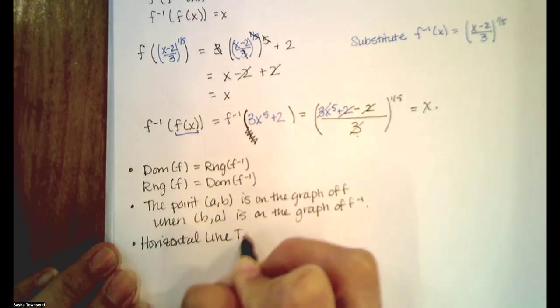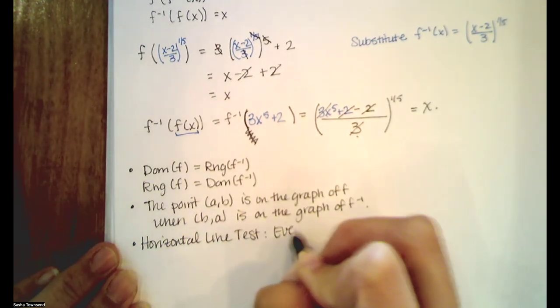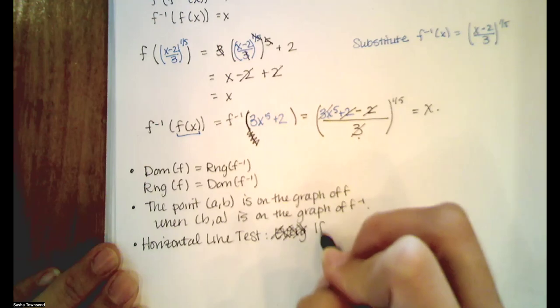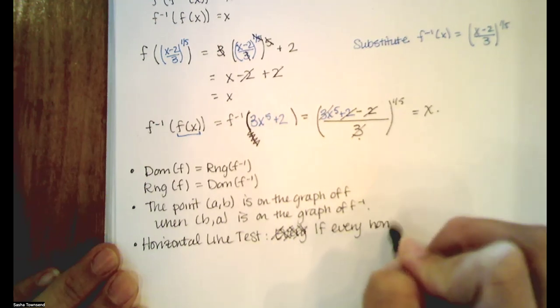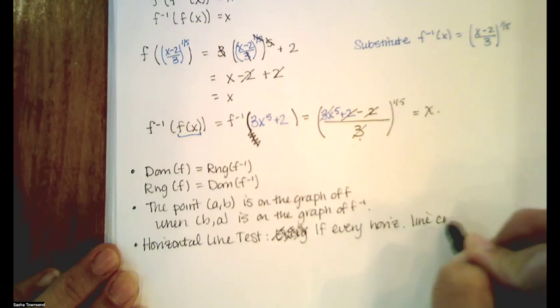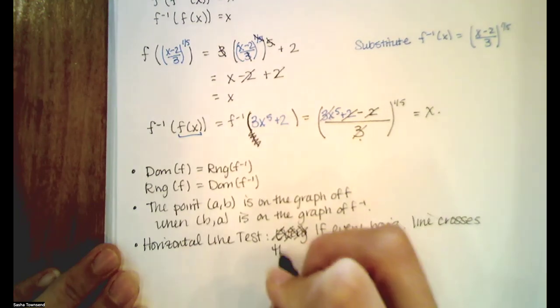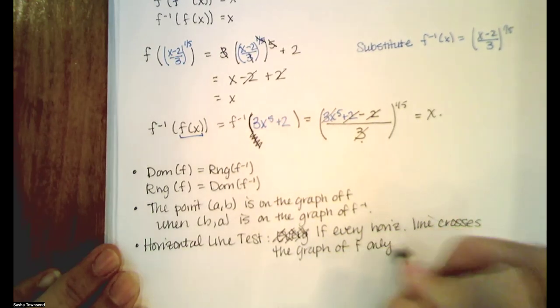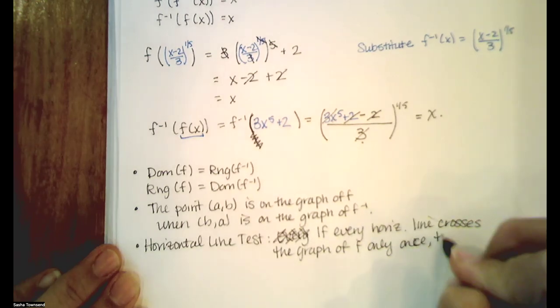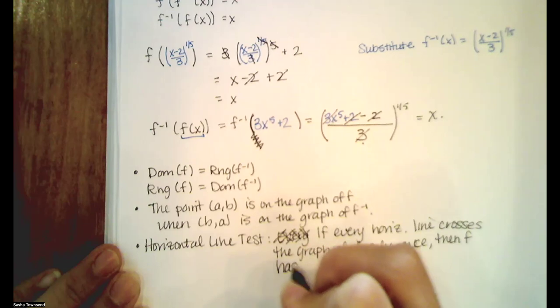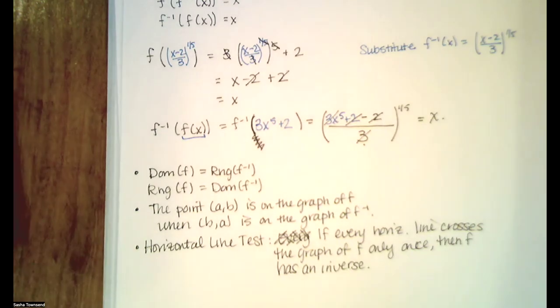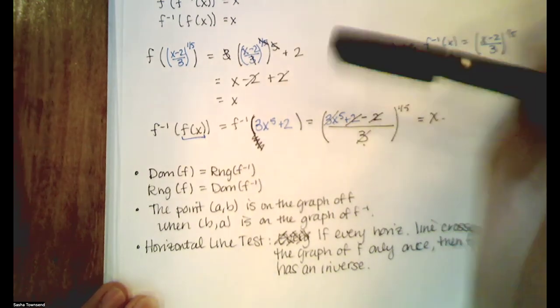The horizontal line test just says that if every horizontal line crosses the graph of f only once, then f has an inverse. And if f has an inverse, we say that it's 1-to-1.